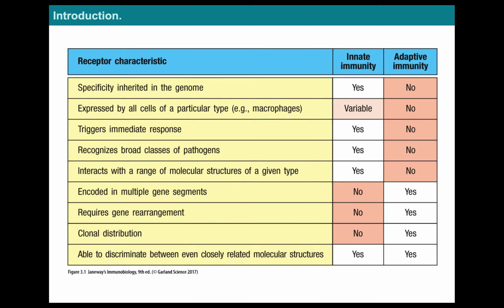And yeah, some of these things are able to distinguish between even closely related structures, which you can't be both yes here and yes over here interacting with a broad range. I mean, right? Those two seem like they're contradictory at some level. And so that's the issue, I think, with this table. There's a bit of both in here, yes, but neither one of these is 100% true.